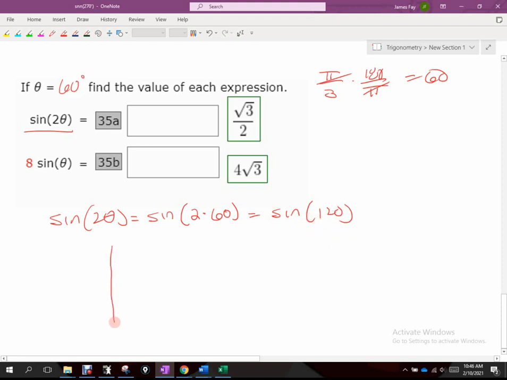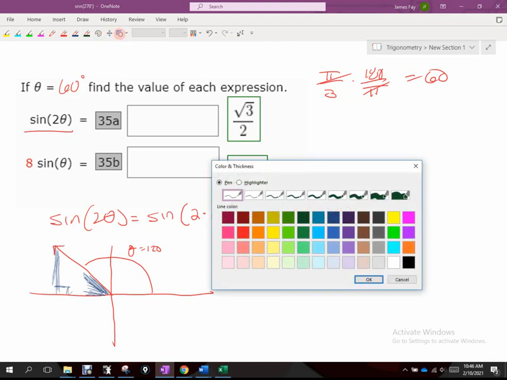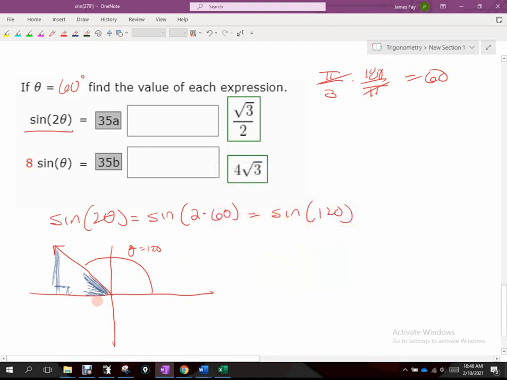So you would take theta of 120, it's going to terminate in the second quadrant. You're going to draw down your right angle, and you're going to find this angle right here. And that angle right there is what we call theta bar, right?